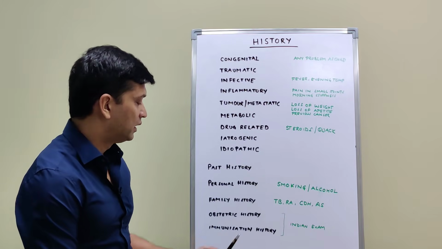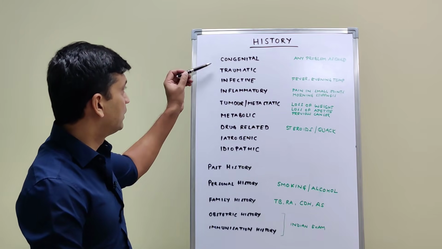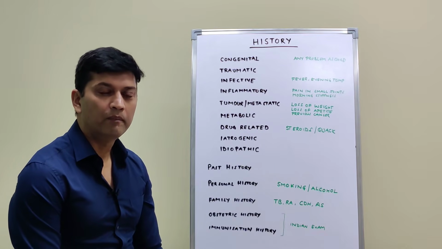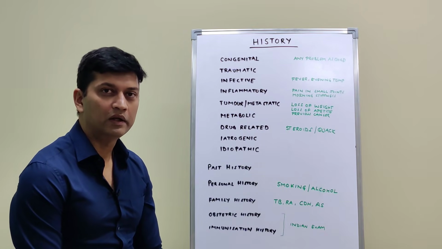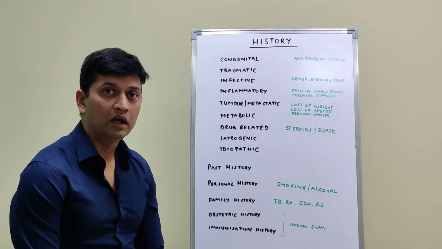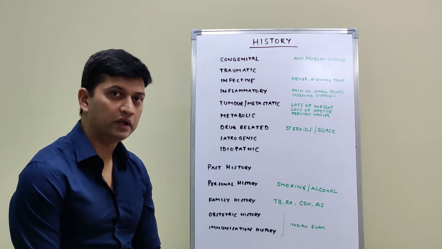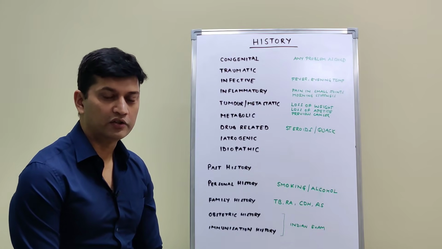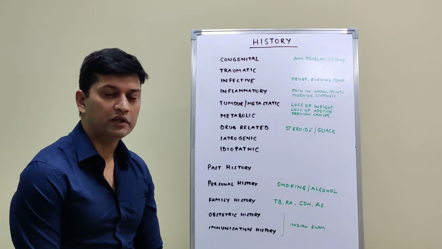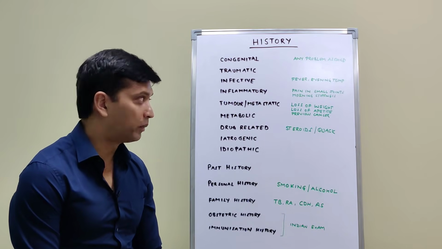So the potential causes that usually can be congenital. So somebody who was born with a problematic hip, and this hip continues to give problem in future life. Trauma is again very common. If somebody has got injury to the hip, either as a child or as an adult, that can be a potential cause that the hip is problematic.